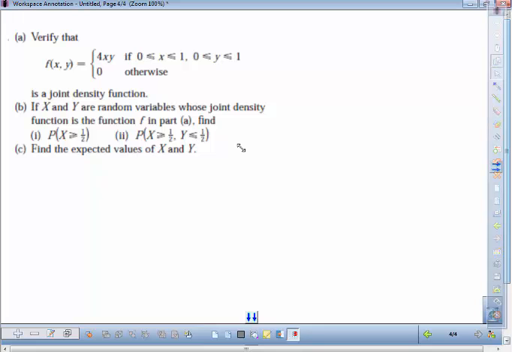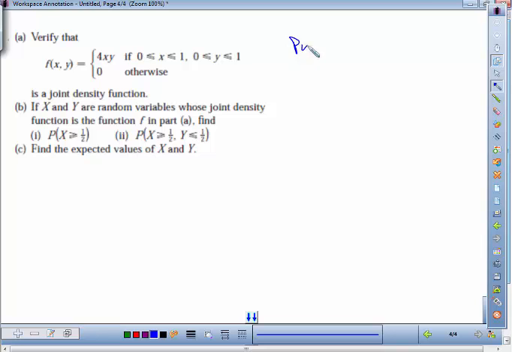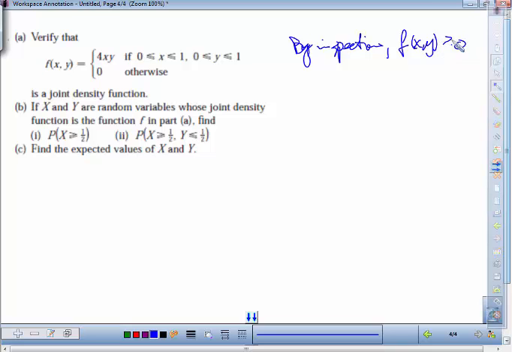So just by inspection, if we put any numbers in the first quadrant square from 0 to 1, 0 to 1, we're either going to get 0 or something that's positive. We're never going to get anything negative. So that's the first part that they're asking for.